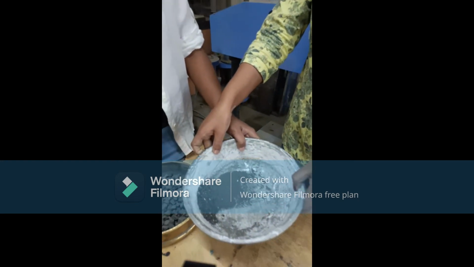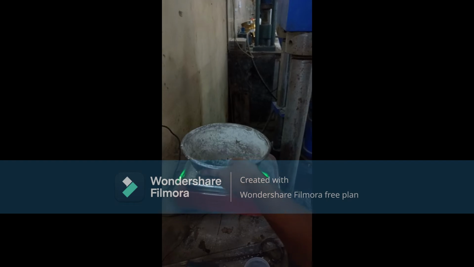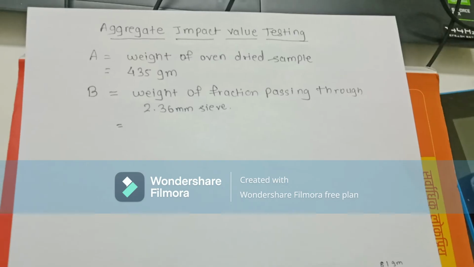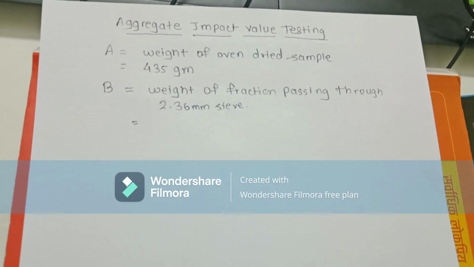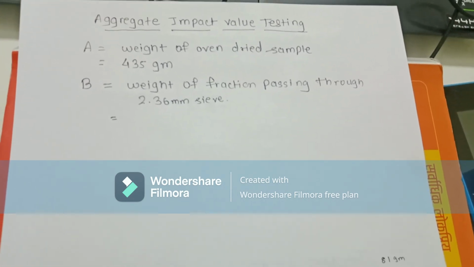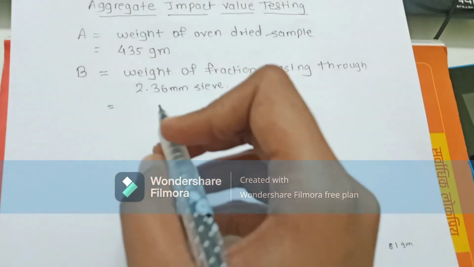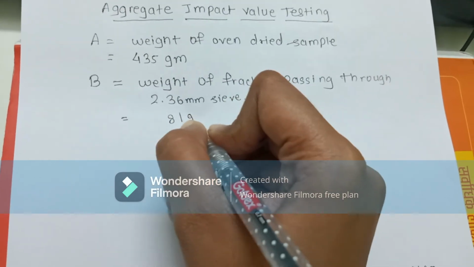The material which passed through the sieve is weighed. So the weight of the oven-dried sample is 435 grams, which we have taken as A. Then B is the weight of the fraction passing through the 2.36 mm sieve, which is about 81 grams.